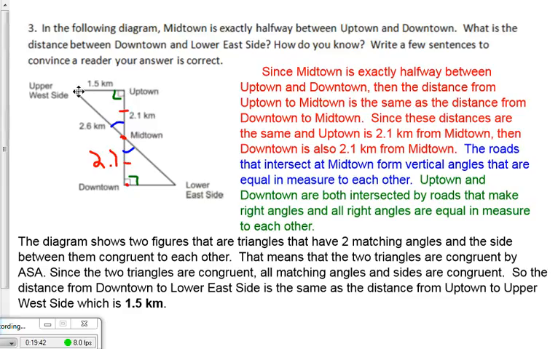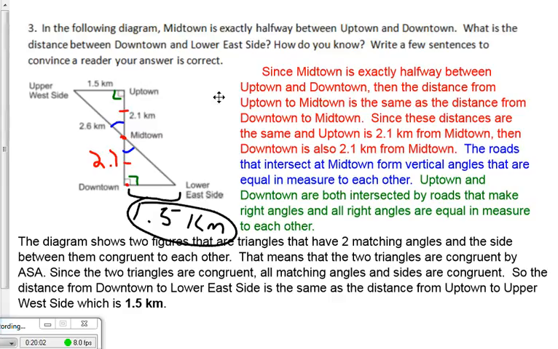So this distance has to be the same as this distance because these are two equivalent or congruent triangles, which means that this distance, what they were asking for, has to be the same. It has to be 1.5 kilometers.